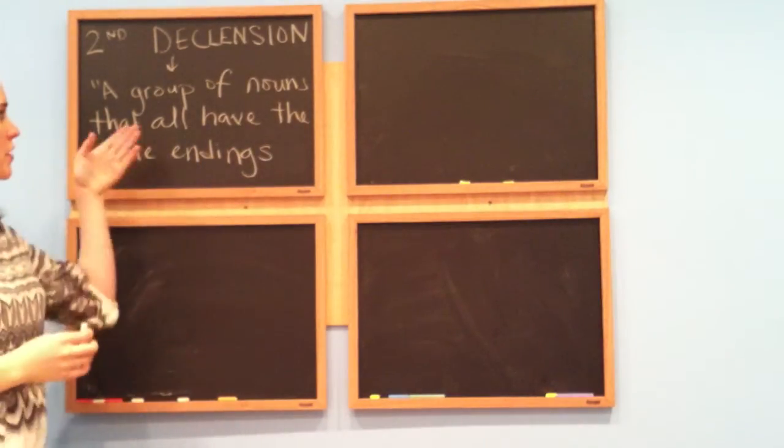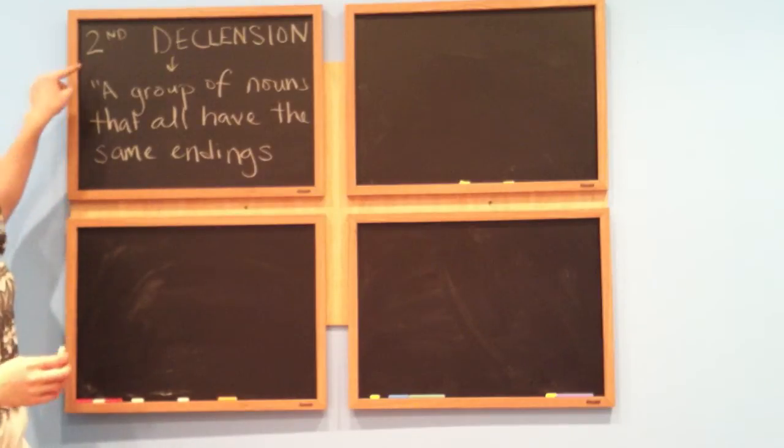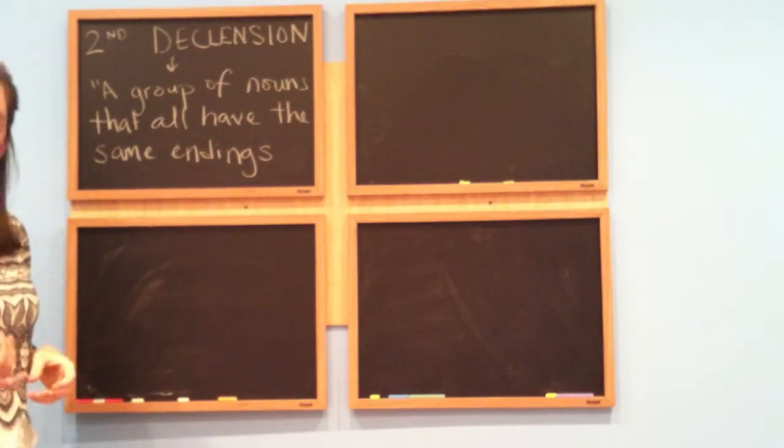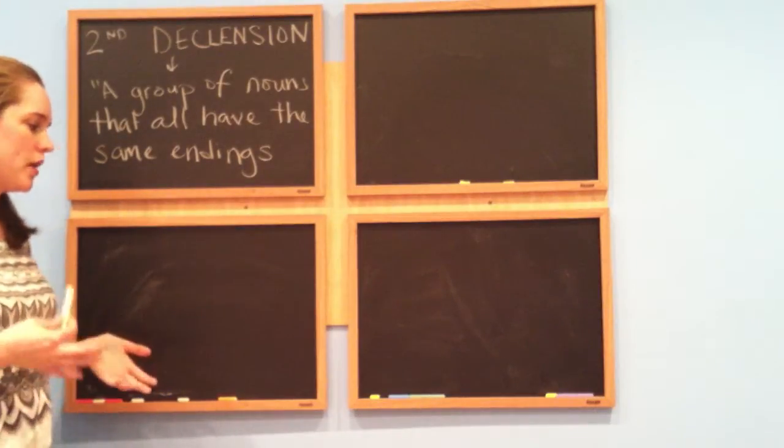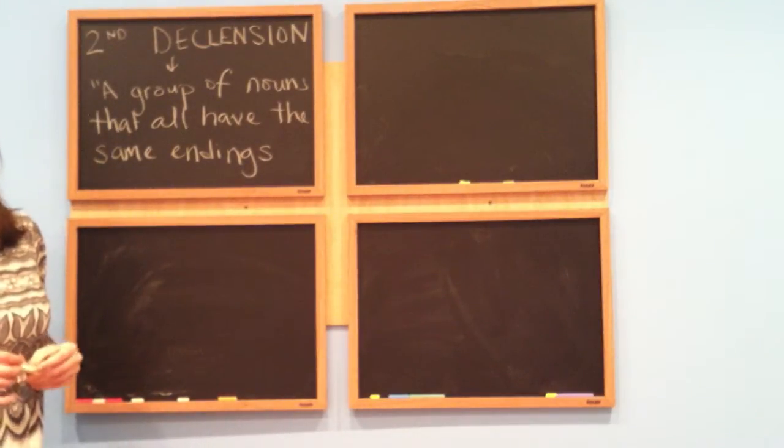So it follows from this that given that the second declension is different from the first declension, the endings in the second declension are going to be different from the endings in the first declension.